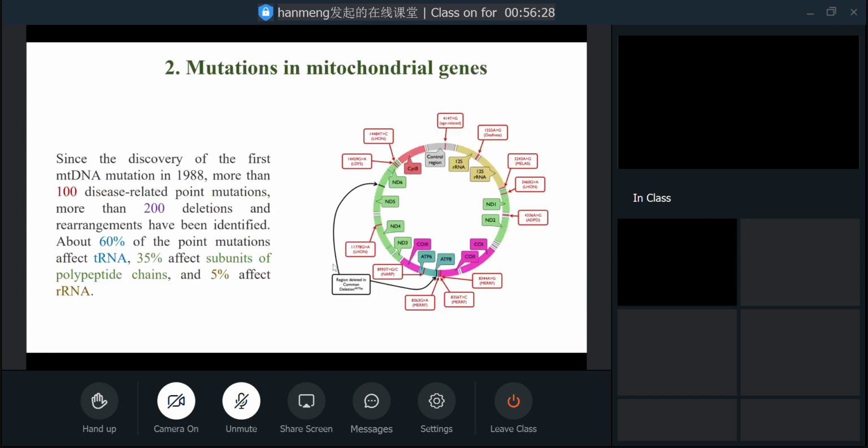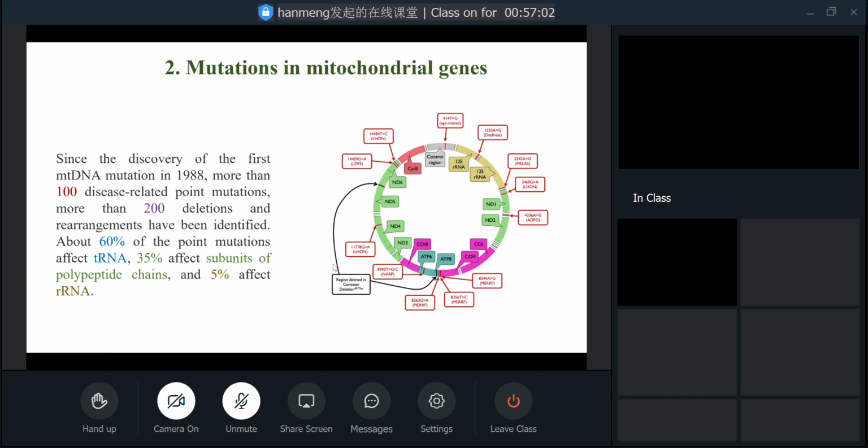Yes, because the mitochondria has its own DNA, and during the replication, mutation will also occur. So next we will see mutations in the mitochondrial genes. Since the discovery of the first mitochondrial DNA mutation in 1988, more than 100 disease-related point mutations and more than 200 deletions and rearrangements have been identified.